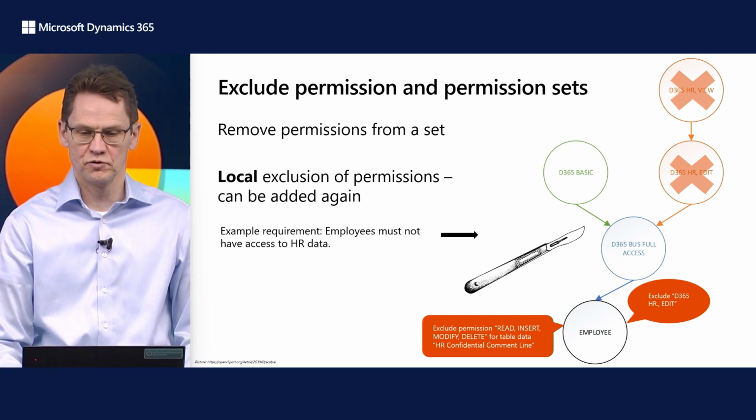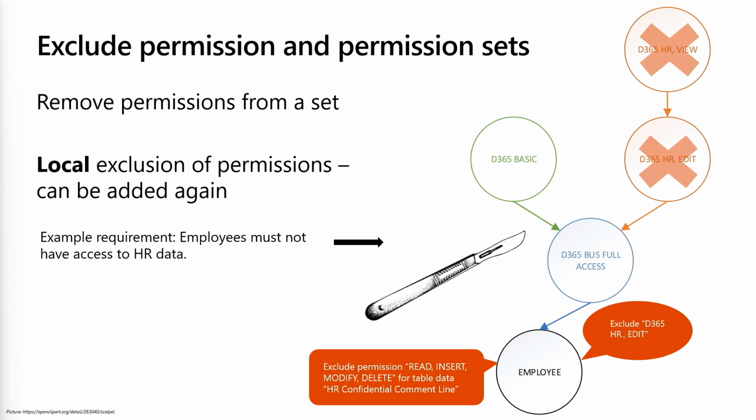So in this example, we have a D365 Business Full Access permission set, which composes the D365 Basic and D365 HR Edit permission set. But the user wants to create a set for a given employee, and he does not want to give the D365 Edit permission set.